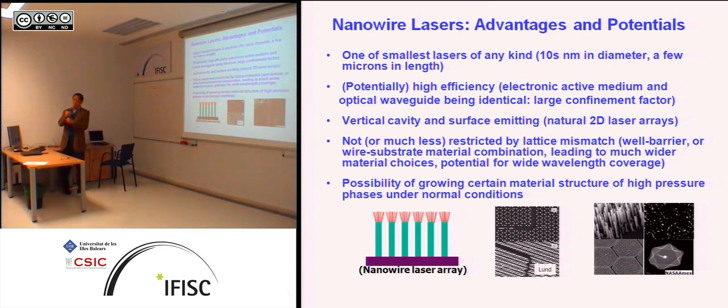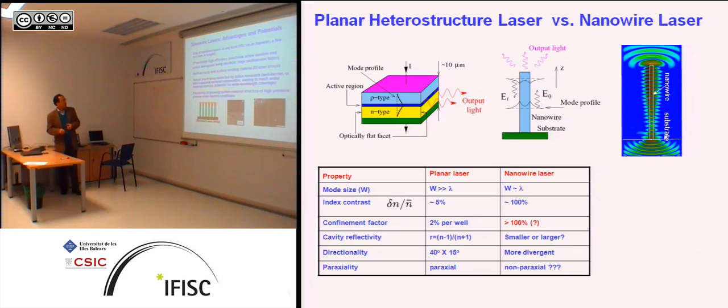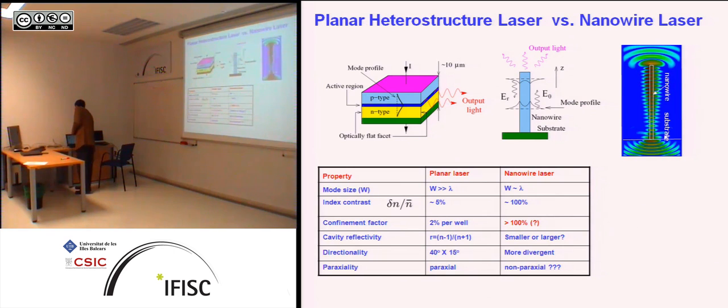Because of the small cross section, these wires are much less restricted by the lattice mismatch between the wire material and the substrate. If you grow randomly on a substrate, it's not restricted at all. So you can grow almost any material on any substrate, basically, because it's not epitaxially connected. So those are their advantages or potentials.